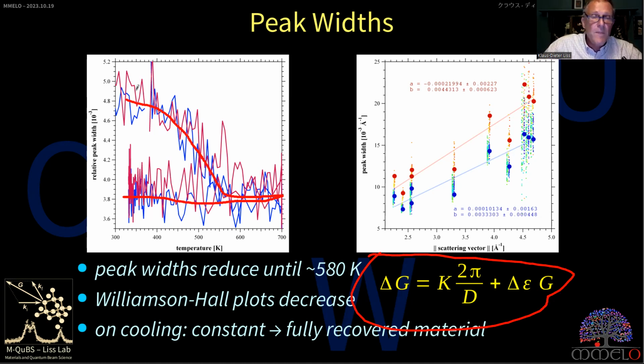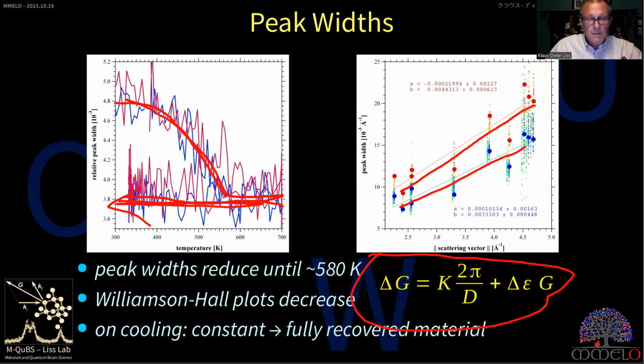So here on heating, as said already, we have a decrease of the peak width. This is due to recovery. So we start with this line and we end with the blue line. And because there's no change going back down, the blue line is close to the instrument resolution function. The red line is what is in excess of the instrument resolution function.